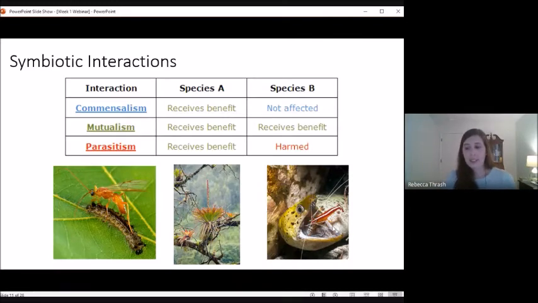Now here, this is a little eel, and this red guy is a cleaner shrimp. If you notice, it looks like the eel's about to take a bite of him, but he's not. The cleaner shrimp is actually taking parasites or mucus or bacteria out of the eel's mouth and using it as a food source.